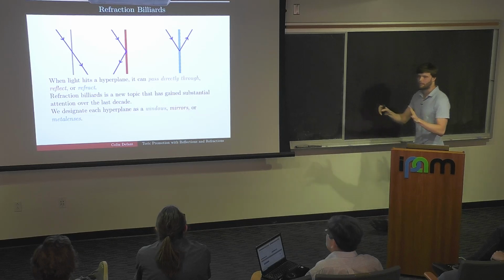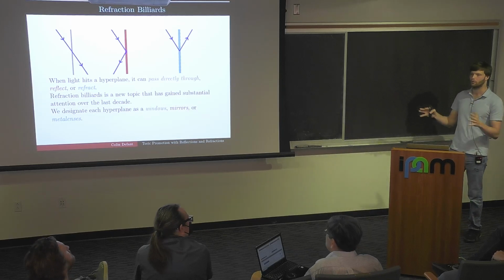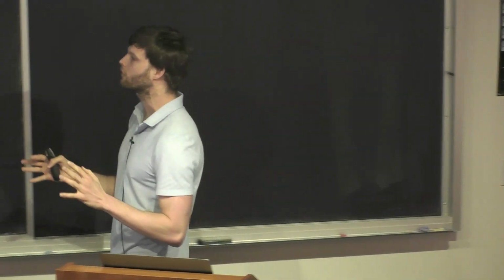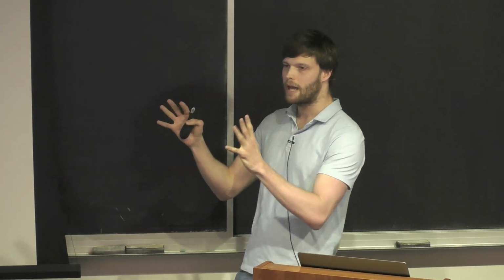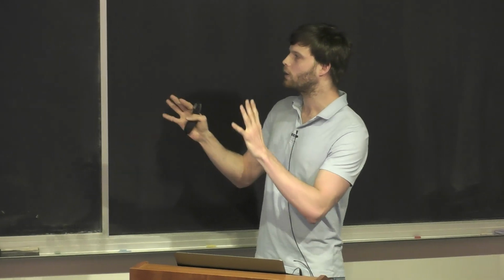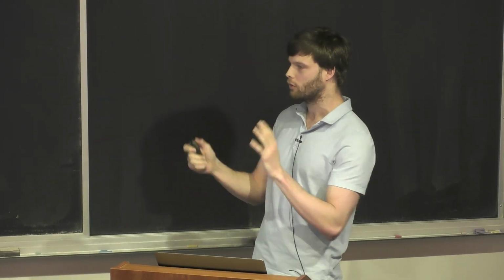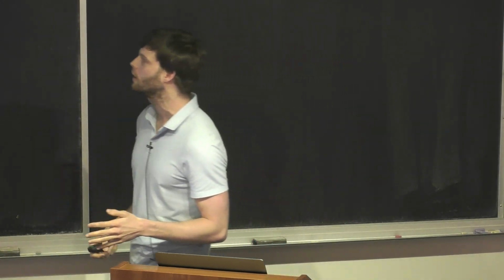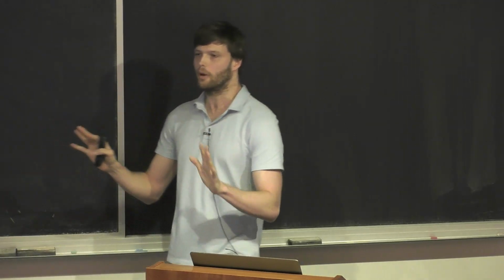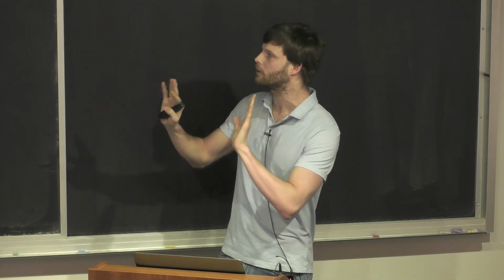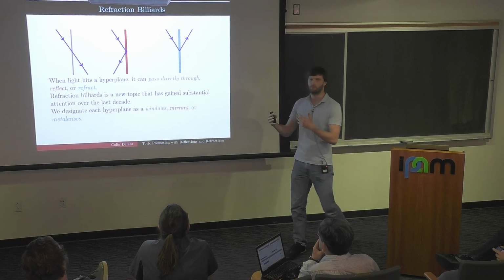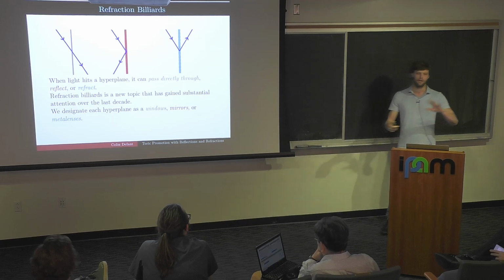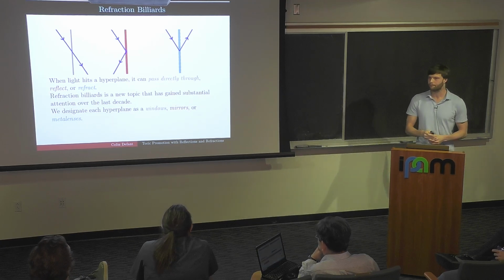Except apparently, about 20 years ago or so, there was this breakthrough in physics or material science where they found or invented these things called metamaterials, which apparently do have negative coefficients of refraction. So apparently, you can have something like this. I'm not a physicist, so I don't really know what a metamaterial is. I don't know how to make one, but the point is that's why we're calling this a meta lens. It's like a lens because it refracts, but it's meta because it has this negative coefficient of refraction like the metamaterials. OK?